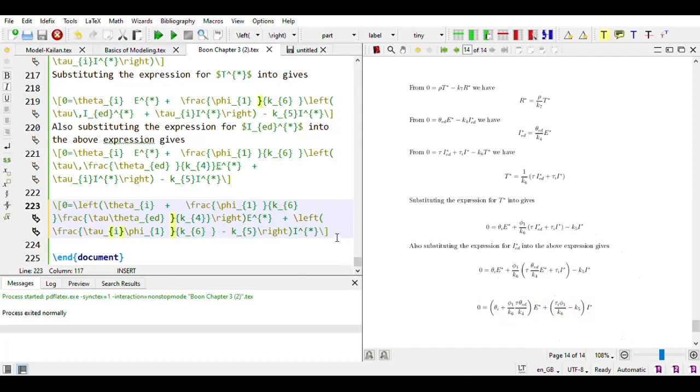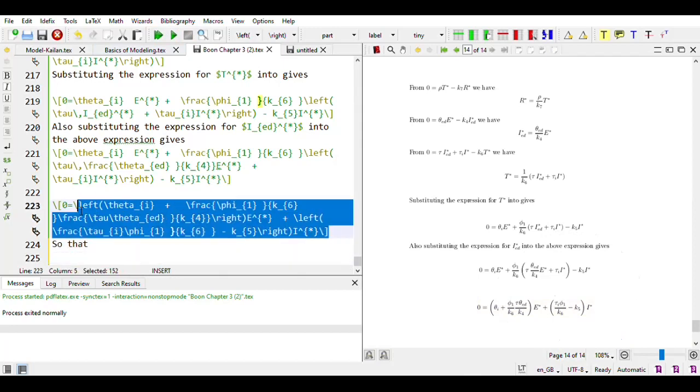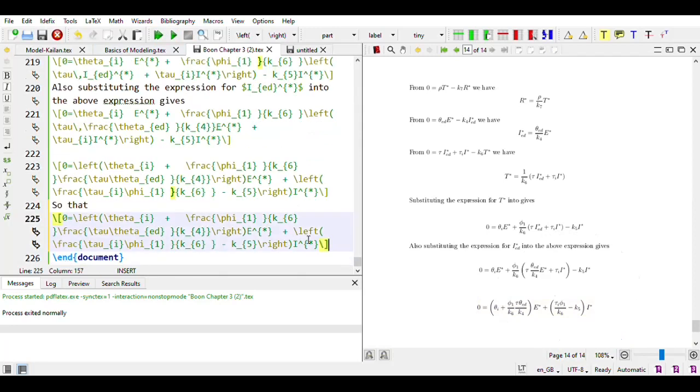And so we can just use this to find an expression for I, right? So we just take this to the other side and divide, and so that is I star is going to be equal to whatever we have here, right?